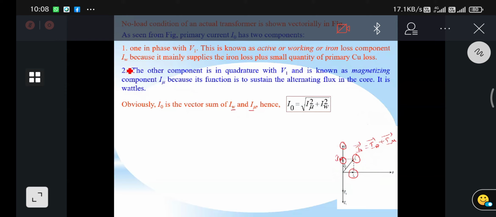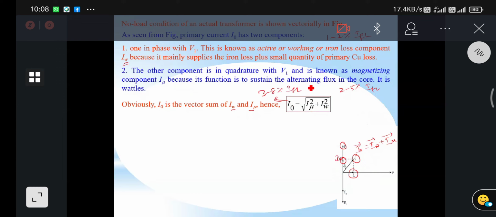One point you have to remember: Iw is 1 to 2% of full load current, and Im is 2 to 5% of full load current. So finally the no load current I naught is 3 to 8% of full load current.